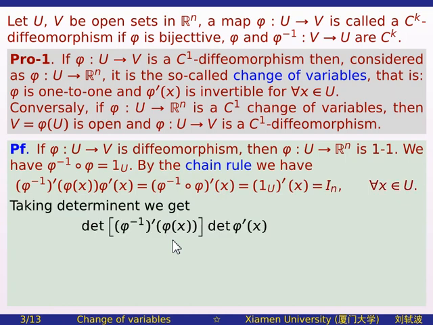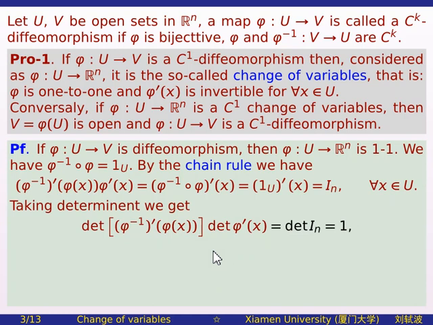Now we take the determinant on both sides. We obtain that the determinant of this matrix multiplication equals the multiplication of the determinants of both matrices. On the right-hand side, the determinant of the identity matrix is 1.